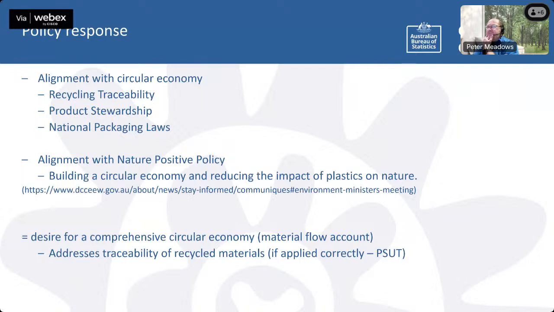I guess the policy response from producing waste accounts and thinking about where some of the gaps are really goes along these lines. We now have a ministerial push towards thinking about how to trace recycling products, putting more emphasis back on businesses to think about product stewardship and enhancing or developing our national packaging laws.